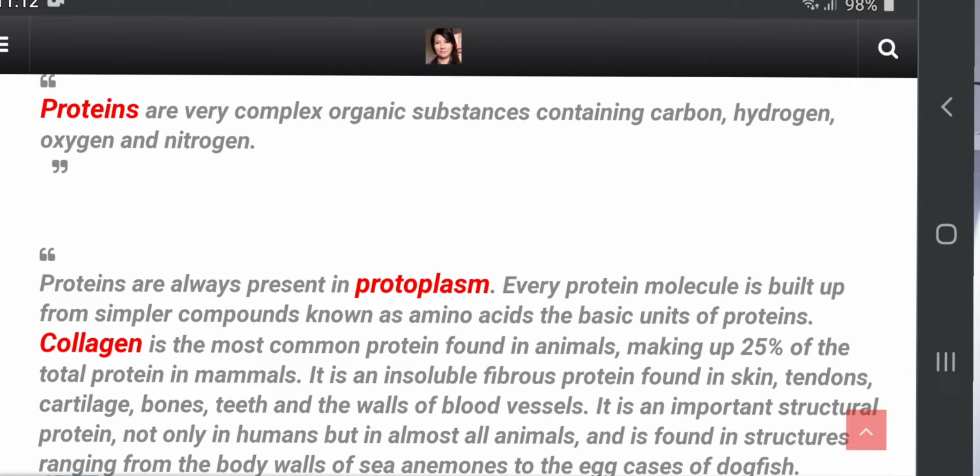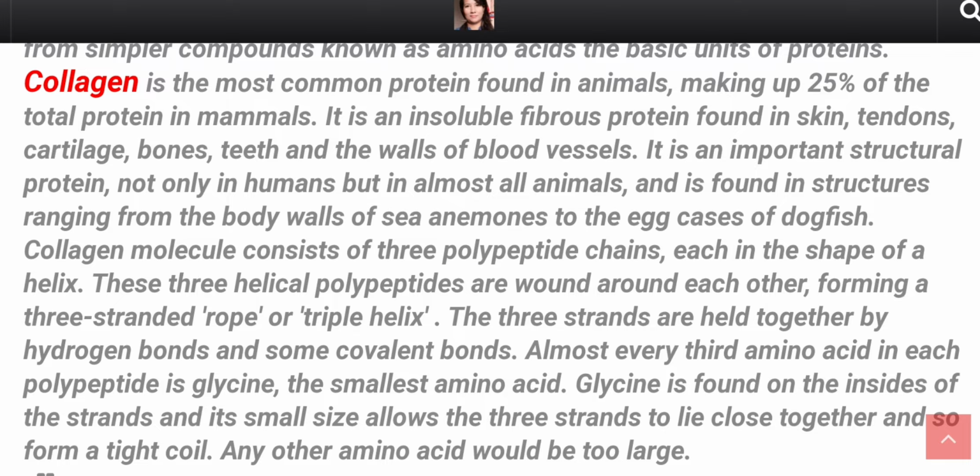So it is an important structural protein, not only in humans but in almost all animals, and is found in structures ranging from the body walls of sea anemones to the egg cases of dogfish.